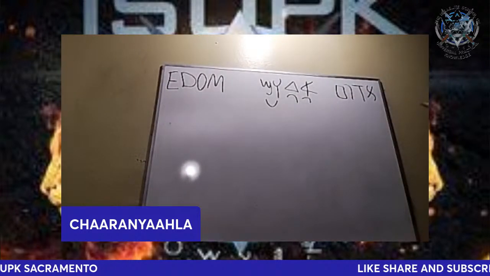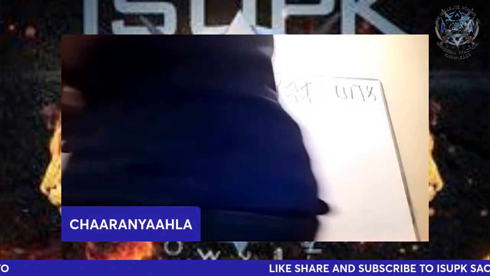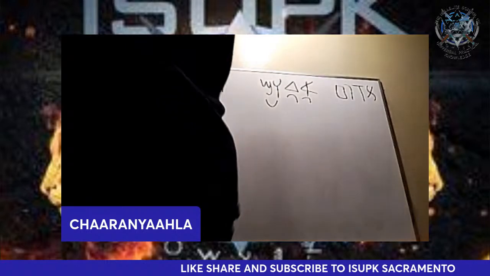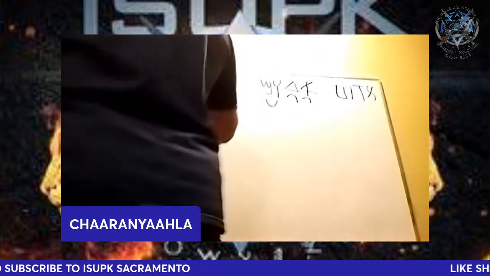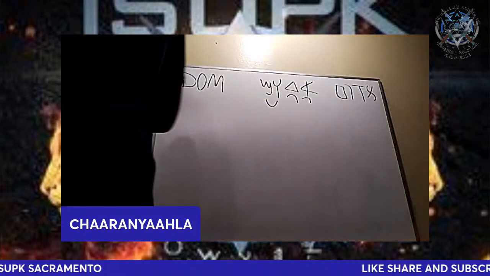Edom, Adawam. Excuse me. I'm going to write these down, and then I'm going to explain it after I write everything down, but I'm going to give you who they are today. And Edom can be found in Genesis the 25th chapter.